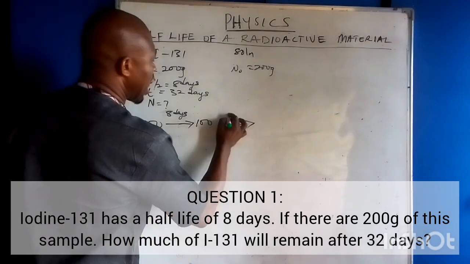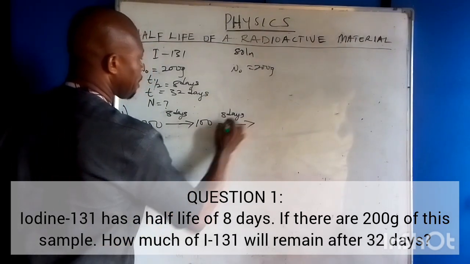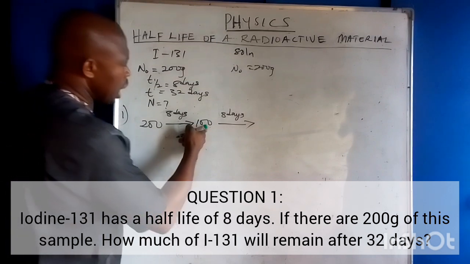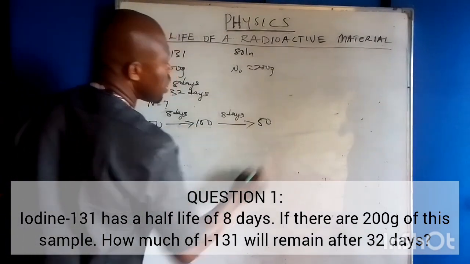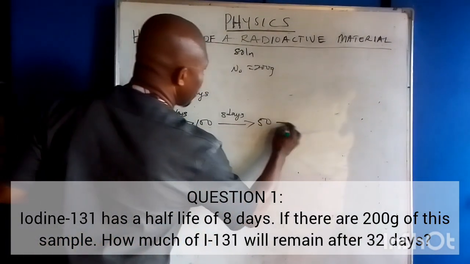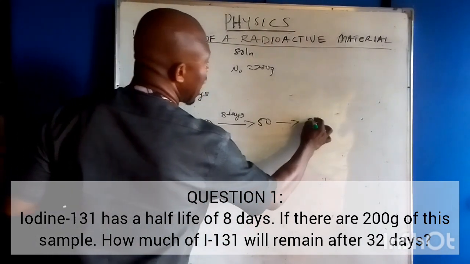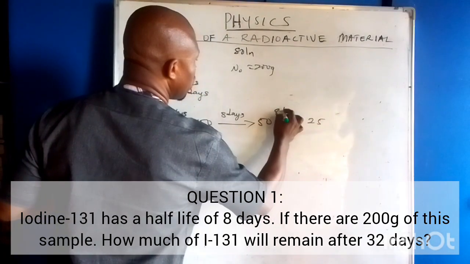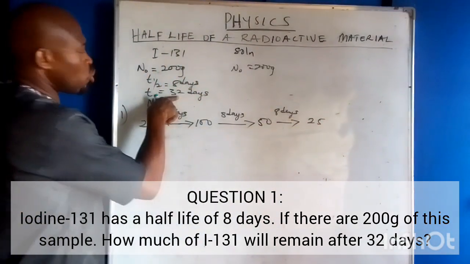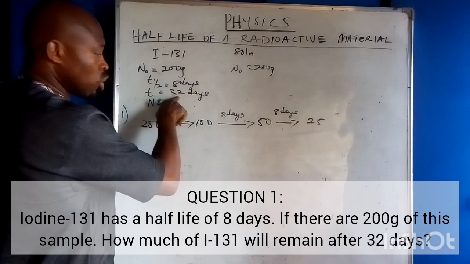Now, after another 8 days, this 100 will decay, leaving 50 grams. After another 8 days also, 50 will decay, and 25 will remain. So this is 8 days. Remember, total time taken must give you 32.